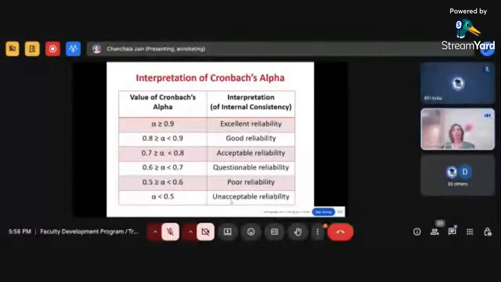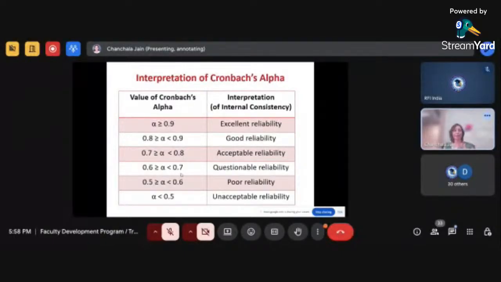Between 0.5 to 0.6 is known as the poor reliability. 0.6 to 0.7, generally it is questionable reliability, but still some of the researchers say that we can accept the reliability of the scale, right? 0.7 to 0.8 is without a doubt acceptable reliability. 0.8 to 0.9 is a good reliability, but greater than 0.9 is the excellent reliability.